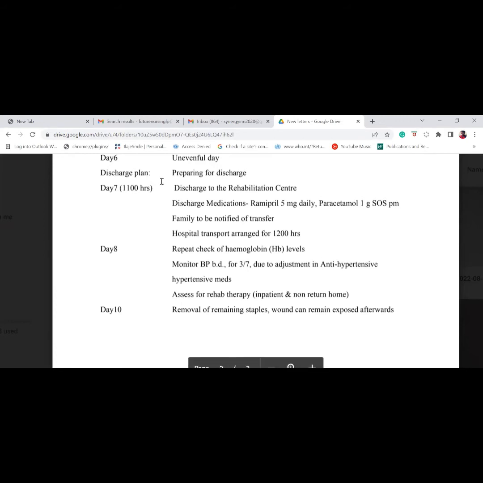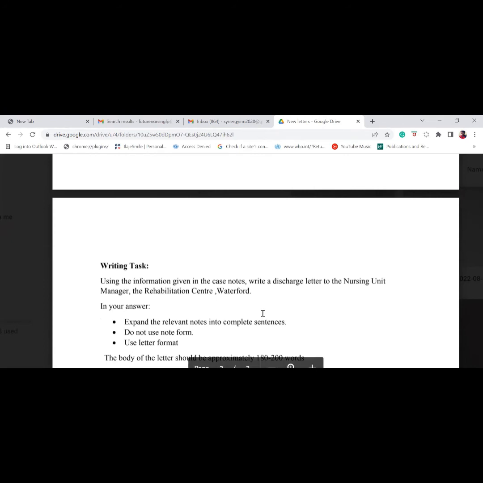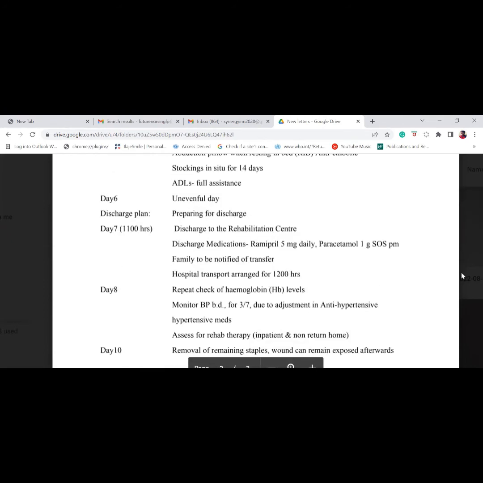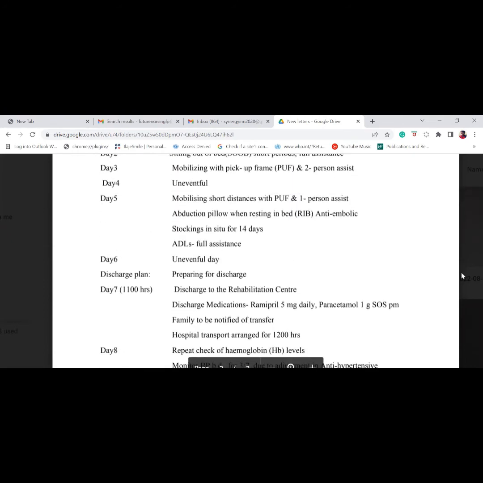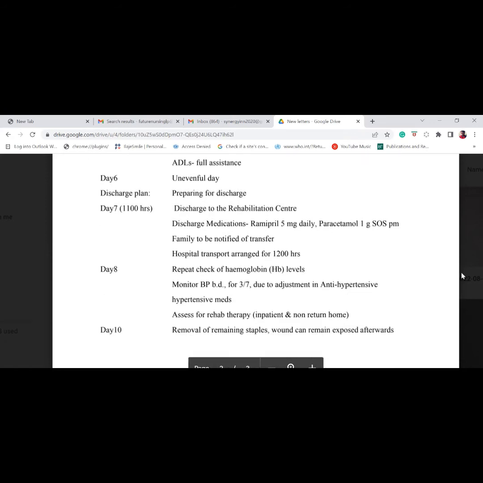Discharge plan: preparing for discharge to the rehabilitation center, start medication, family to be notified of transfer, hospital, repeat check of hemoglobin, access for rehab therapy, removal of staples. Those are the discharge plan. So this patient is just basically being discharged from the hospital for continuous management at the rehab center. You know what rehab is? At the rehabilitation center.